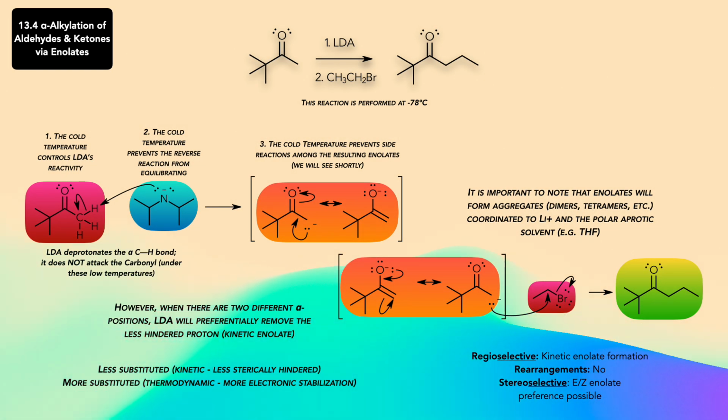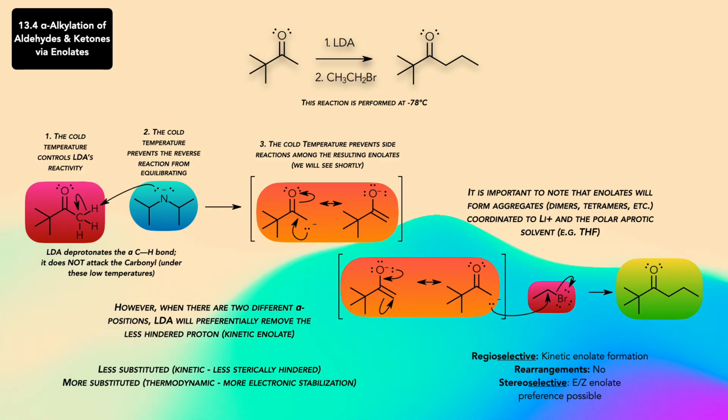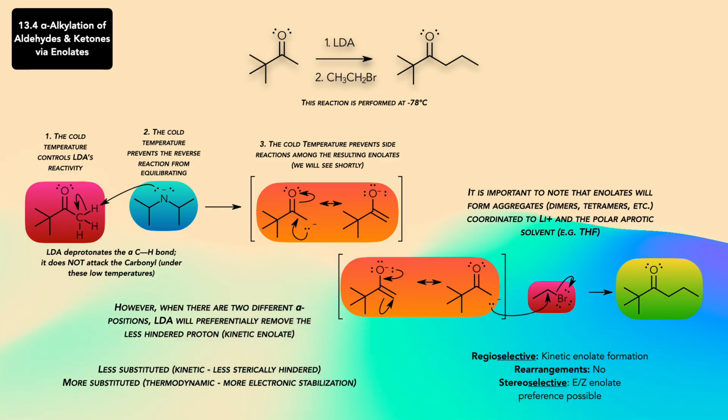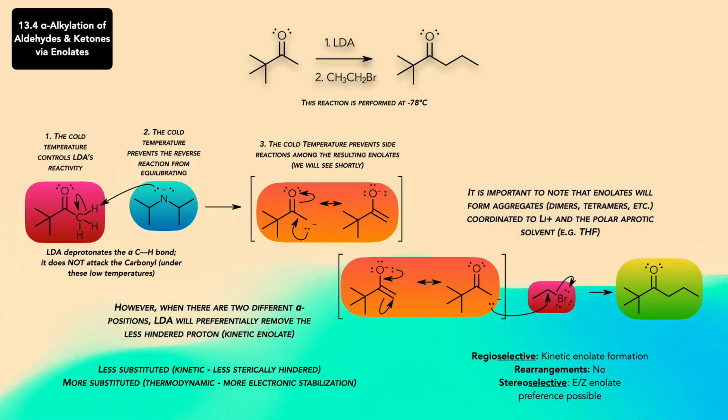But now we look at direct alpha alkylation using enolates. Here, we intentionally generate an enolate and allow it to react with an alkyl halide. A very common base used for this is LDA, lithium diisopropyl amide.